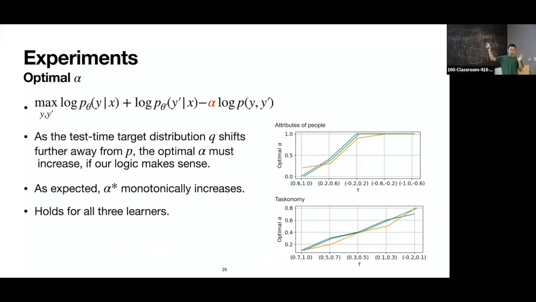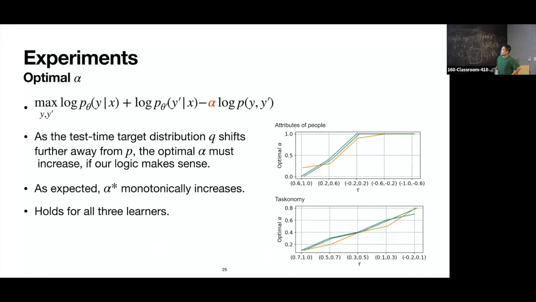If this whole framework makes sense, then this alpha value should go from 0 to 1. 0 is where we have just the discriminative multitask learning, and 1 is the other extreme, as the distribution moves further and further away from the original training distribution.